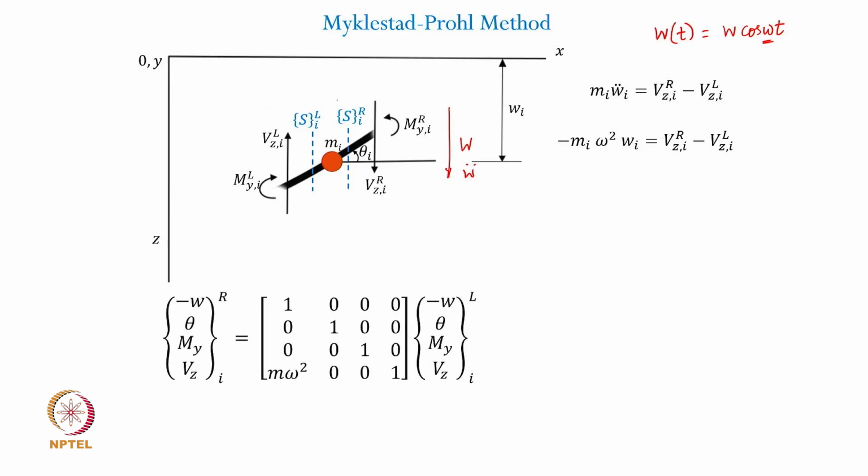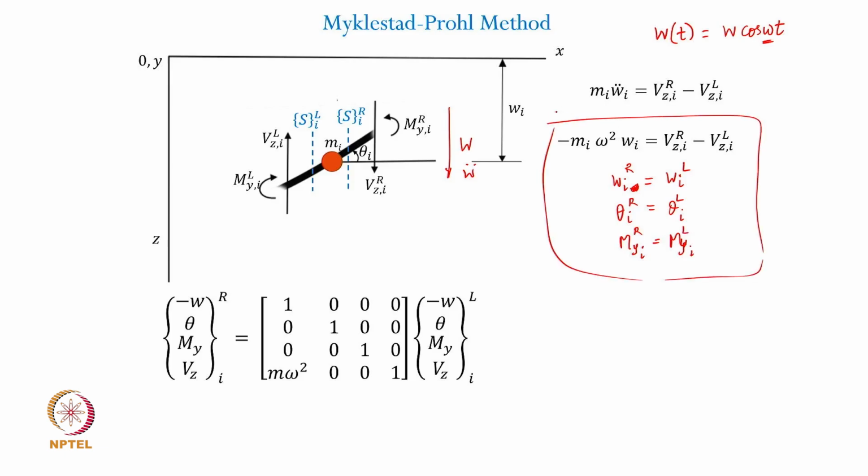And using these equations that I just discussed, Wi on the right side is equal to Wi on the left side, theta i on the right side is equal to theta i on the left side, Mi on the right side is equal to Mi on the left side, and this one, okay. You can now write the relation in matrix form.